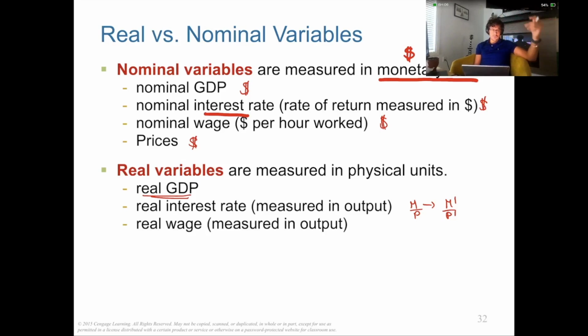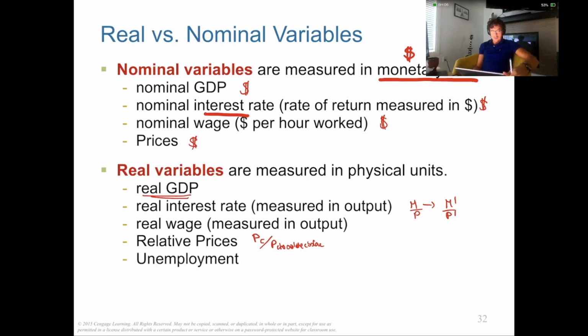Now real wages, which are measured in terms of output, relative prices. Relative prices is, I don't know, how many carrots you can get in exchange for a chocolate cookie. Okay? So it's really telling you the ratio of the prices, how many goods you get in exchange for the other goods.